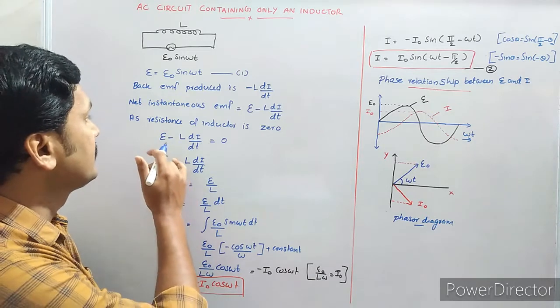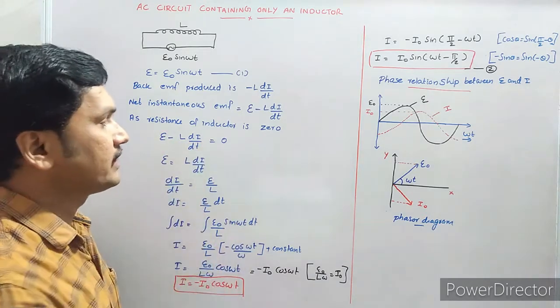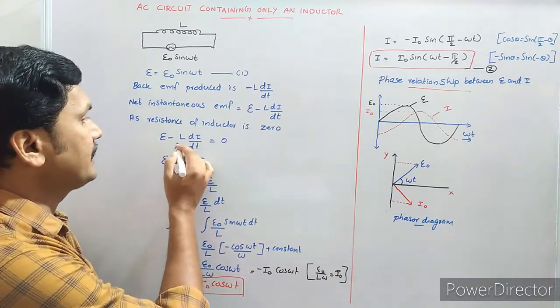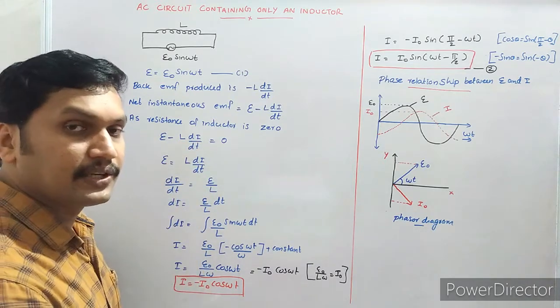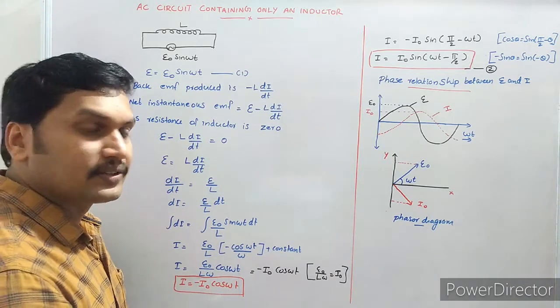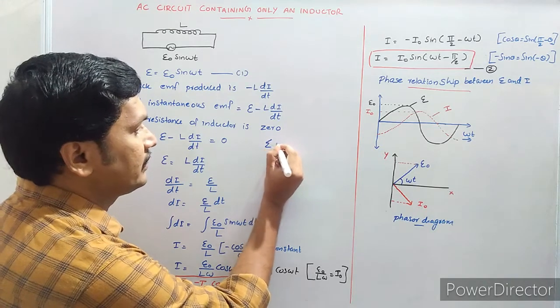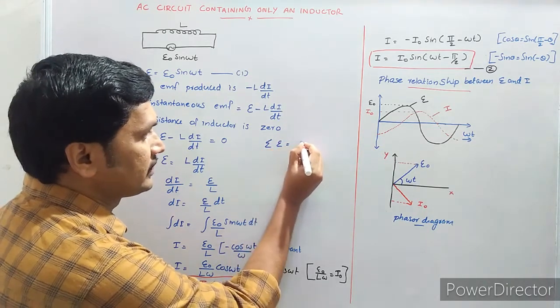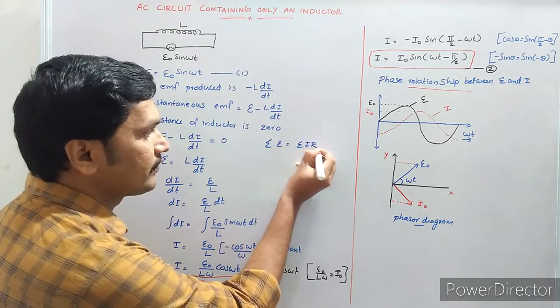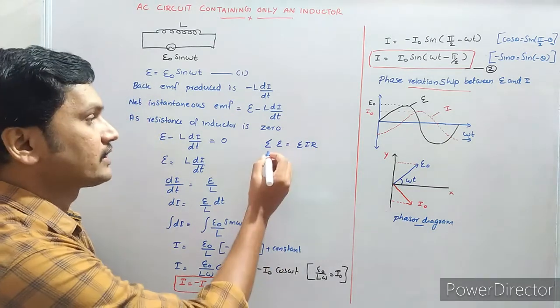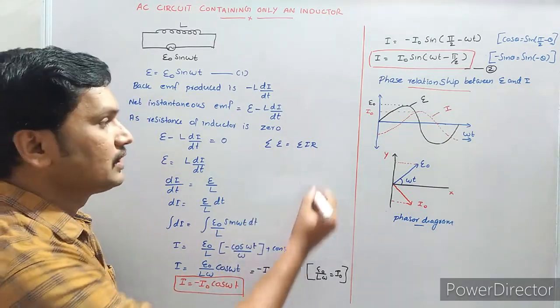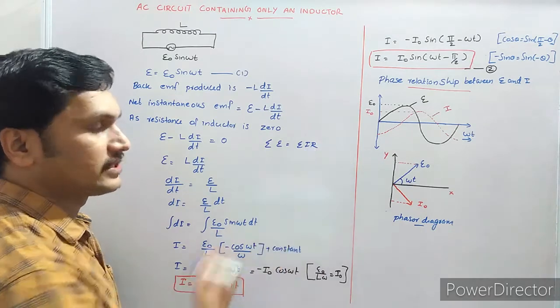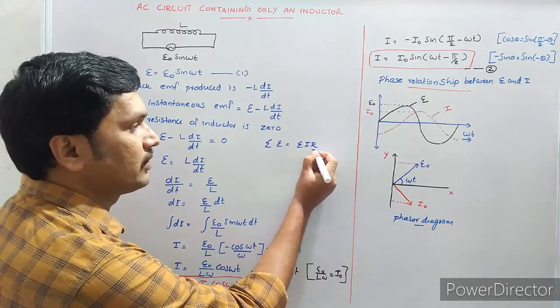So we can write, as the resistance of the inductor is 0, E minus L di by dt is equal to 0. That is, sigma E is equal to sigma I into R; the sum of EMFs is equal to the sum of the product of current and resistance. But resistance is equal to 0.